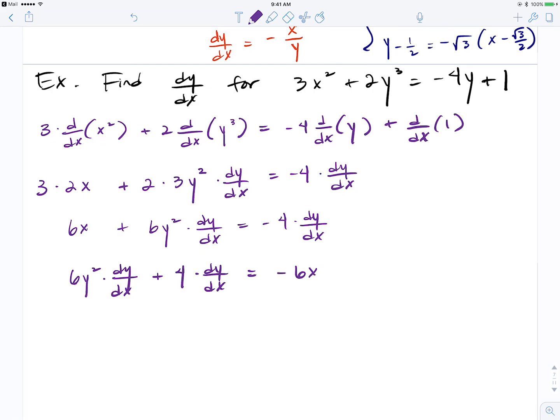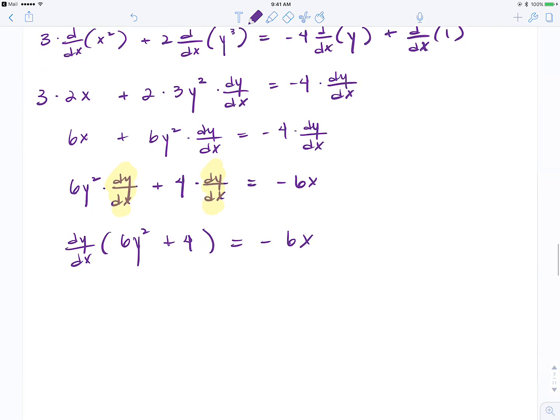So now we have two terms on the left-hand side that have dy over dx. Notice each of these terms has dy over dx, so let's factor that dy over dx out. That's 6y squared plus 4.